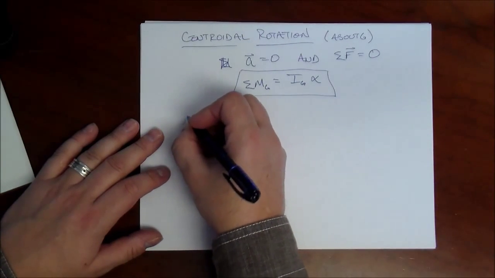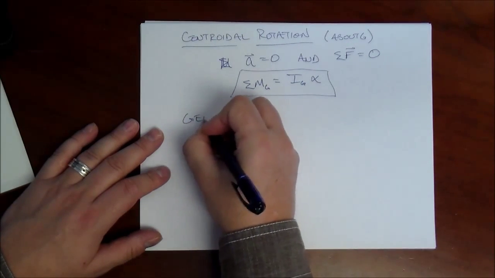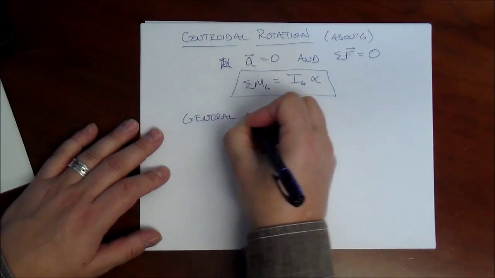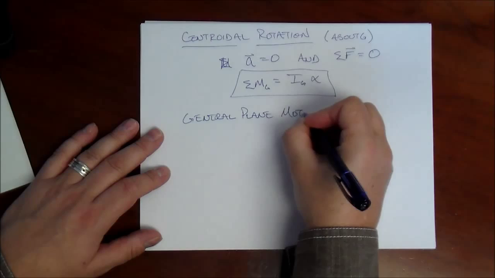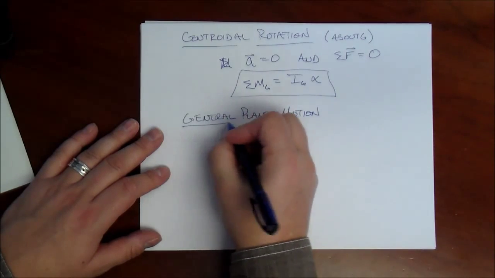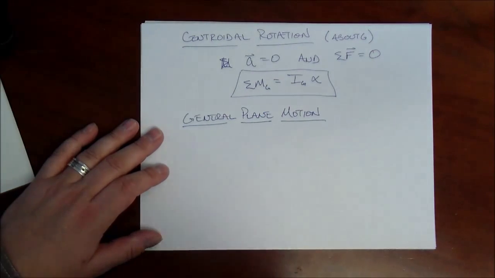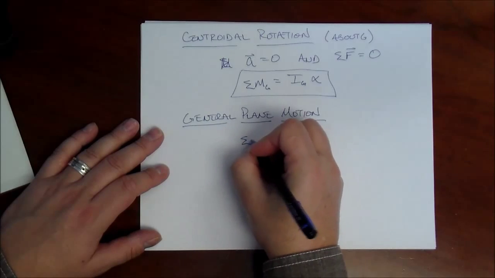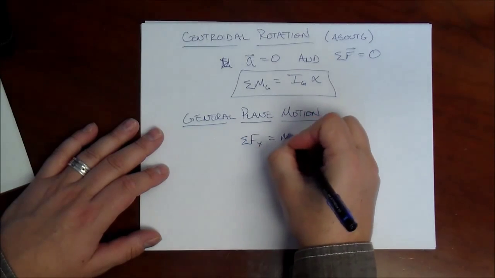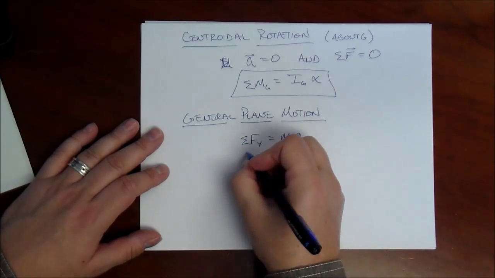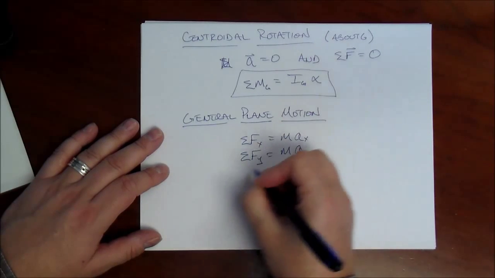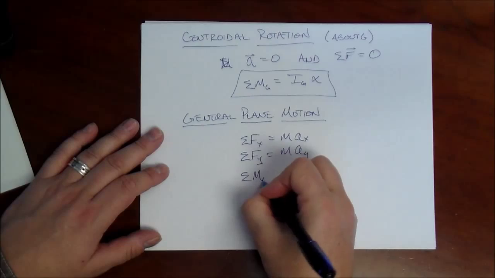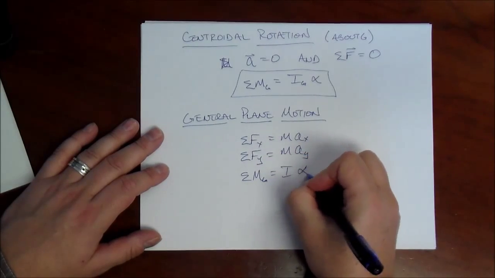And then finally, we have general plane motion. Where all three equations apply. So the sum of forces in x, mass times acceleration in x. The sum of forces in y is the mass times acceleration in y. And the sum of the moments equals I times alpha.